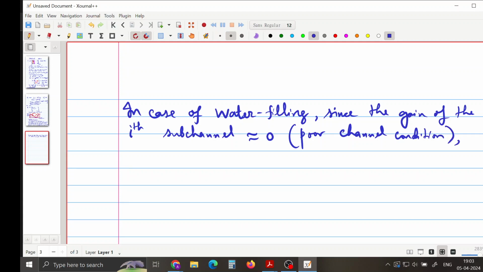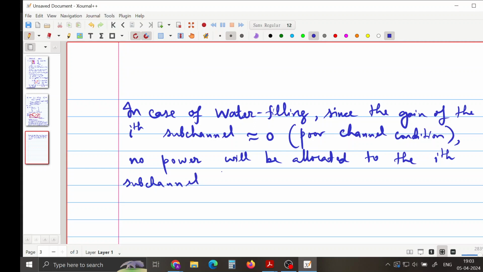What does my water filling strategy tell me? It tells me don't allocate any power to that particular subchannel, so no power will be allocated to the ith subchannel.